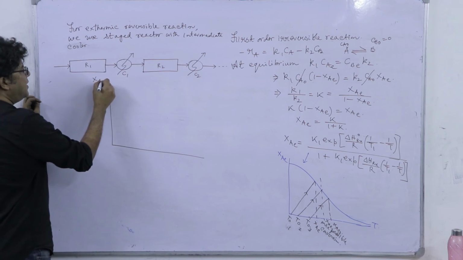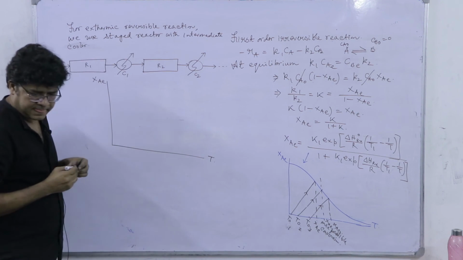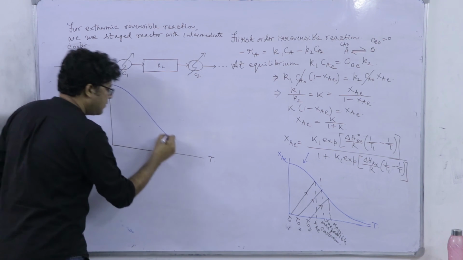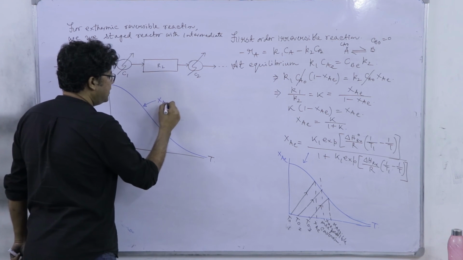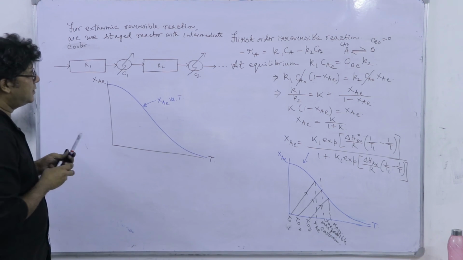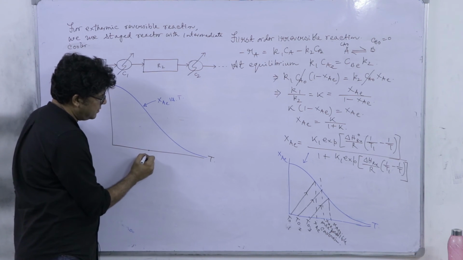So this is XAE versus temperature. Now you see, this is my equilibrium curve. So this is the XAE versus temperature plot, right. Now start with a high temperature. This is T0.